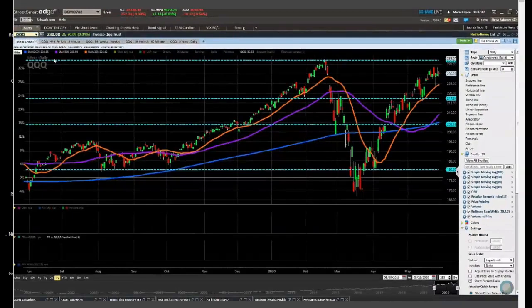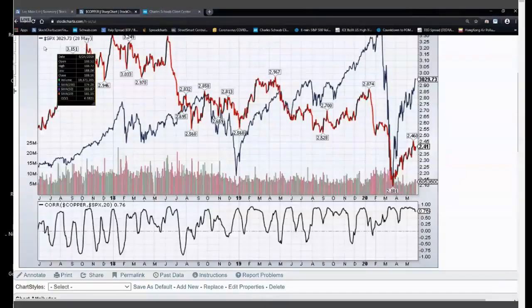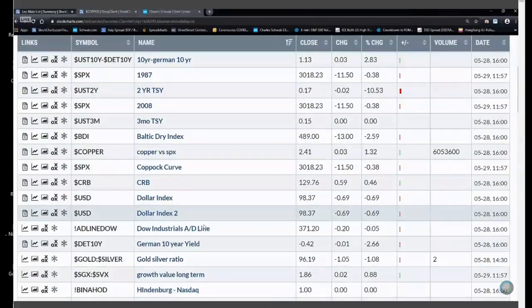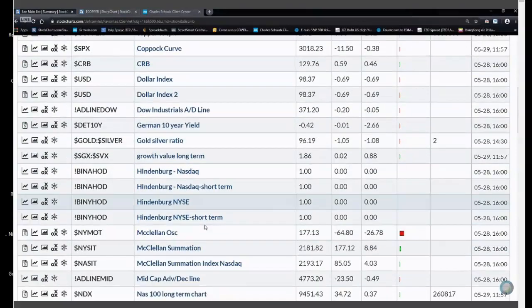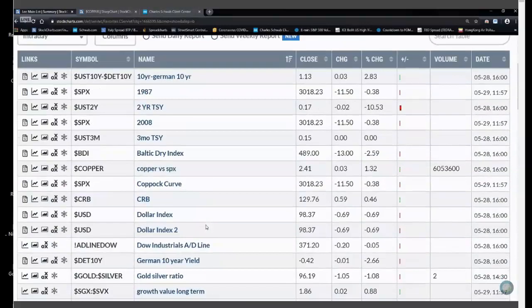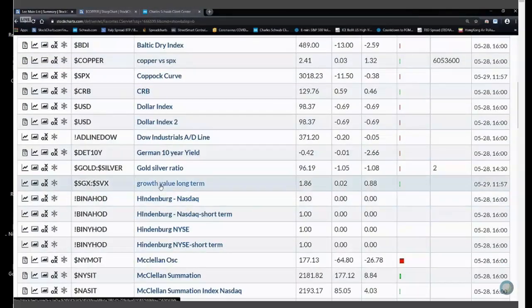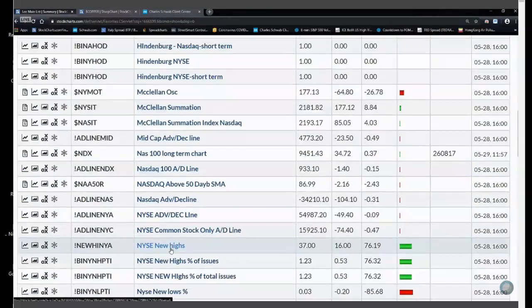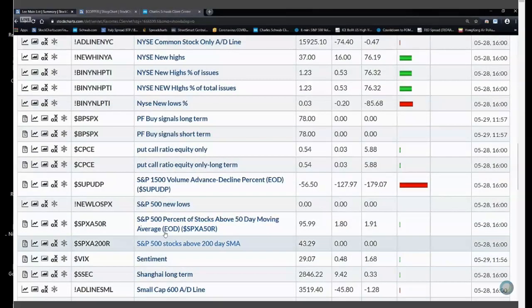Okie dokie. Yeah, you're talking about what might be laggards. Let's take a look at the growth to value chart again. We had a nice rotation into value, which lasted like two days. I'll take a look at the S&P growth to value ratio here.